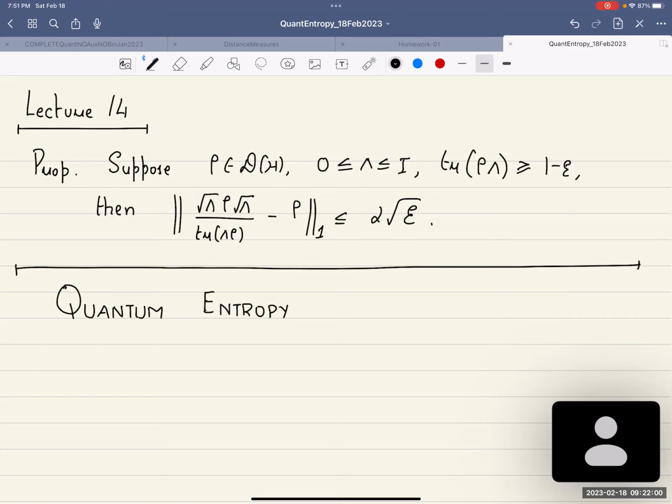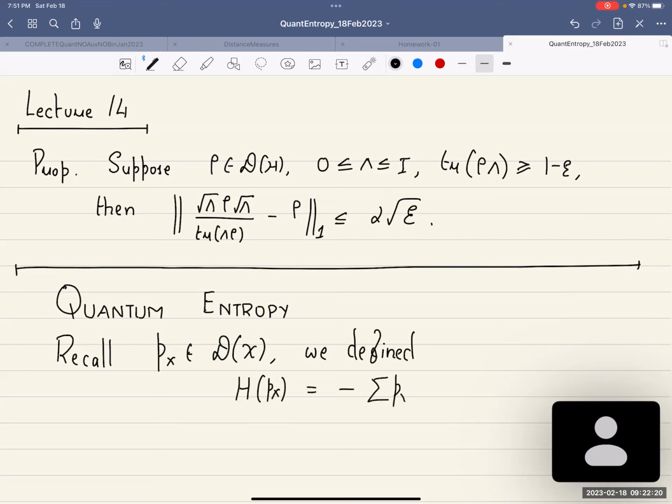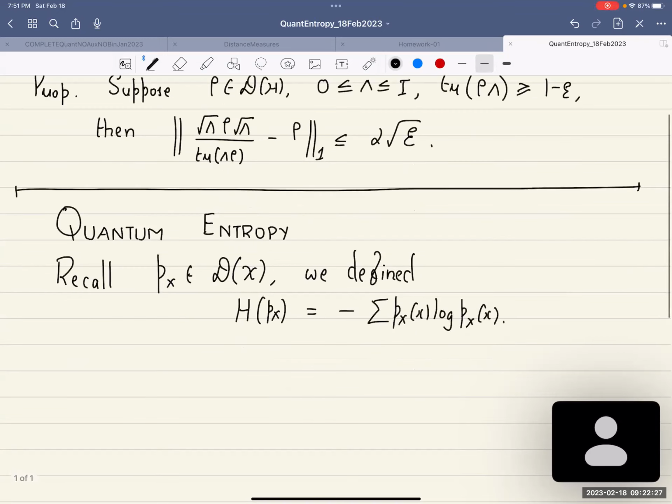So recall, for a distribution P_X on a finite set X, we defined the Shannon entropy. H of P_X is essentially minus the sum of P_X of x log P_X of x. We generally use the convention that 0 log 0 is 0.